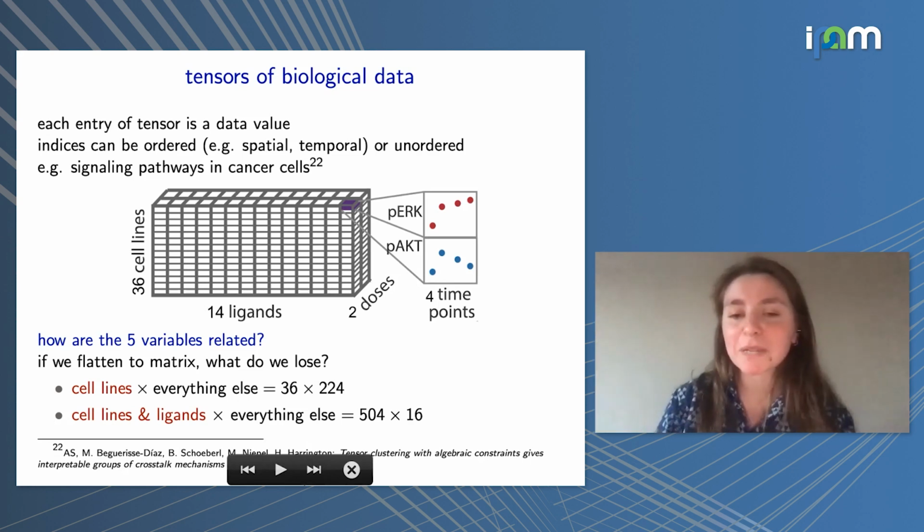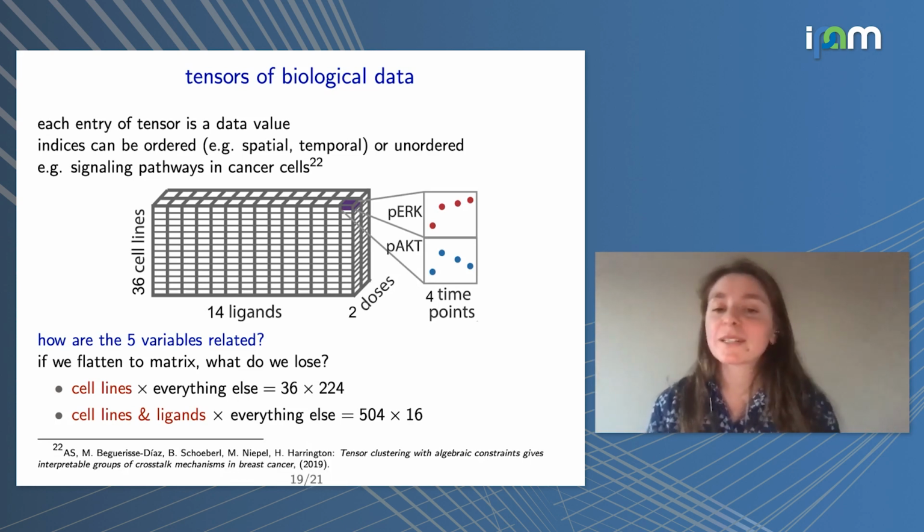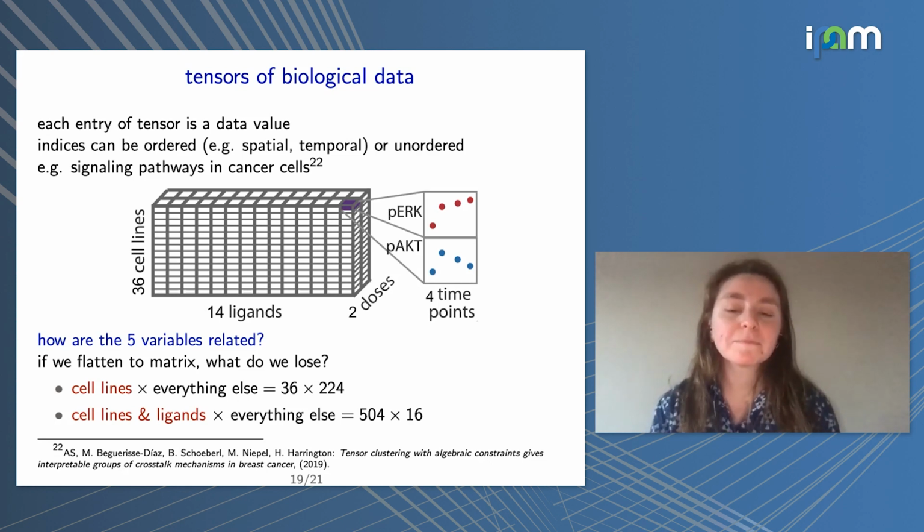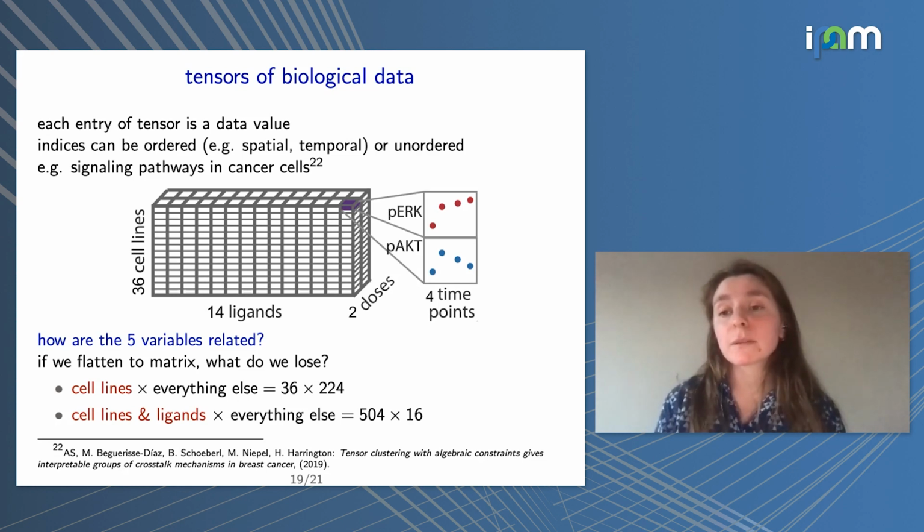So this would give us a matrix of size 36 by 224 for this particular example. And okay, maybe a downside to this approach is that now we don't have very much data. We only have 36 data points, although we have a lot of different measurements for each of them.